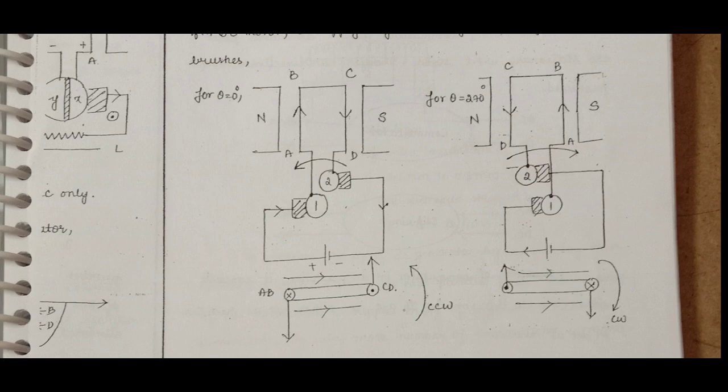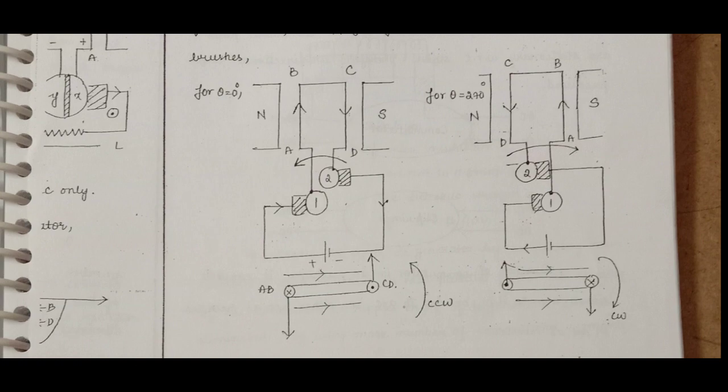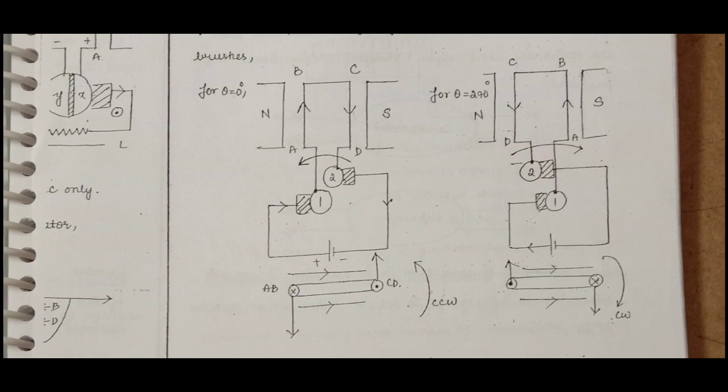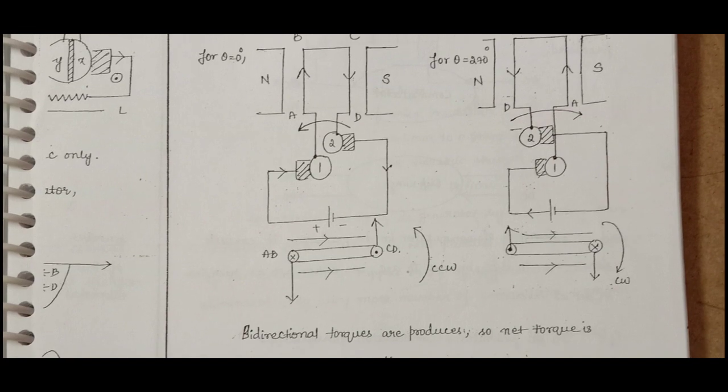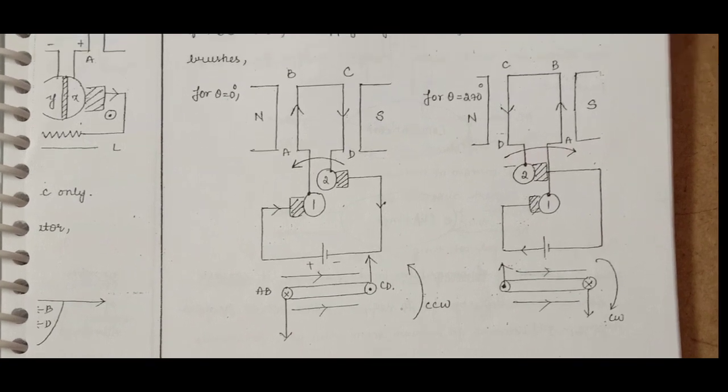So by Fleming's left hand rule, because for a DC machine the direction can be found by the left hand rule, the machine will rotate in the counterclockwise direction when theta equal to 0 degrees.